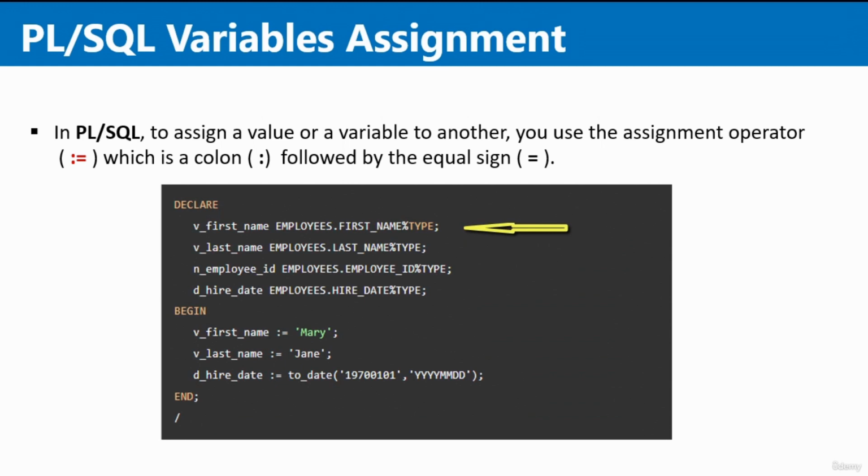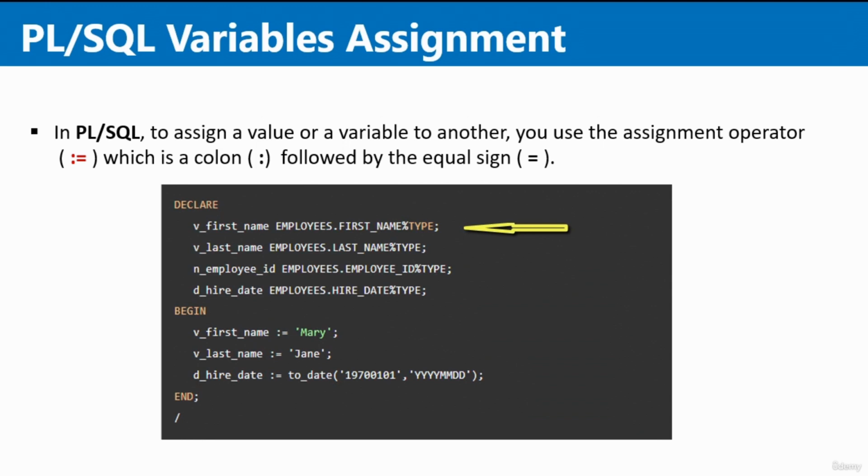When you declare a variable, you also have to specify the type of data that the variable is going to store. In this example, I'm going to use the data type that is stored in the table called employees, and in that table called employees, there's a column called first_name.